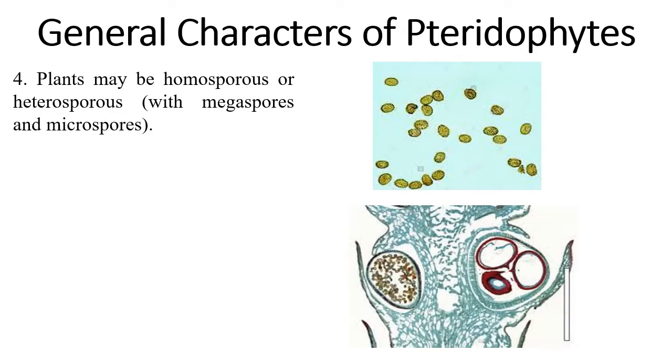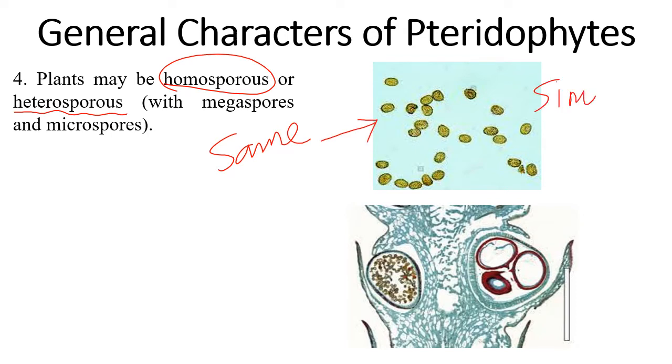Then plants may be homosporous or heterosporous. Let us understand what is homosporous. Homo means same. So if you look into this picture, all spores are of similar size.